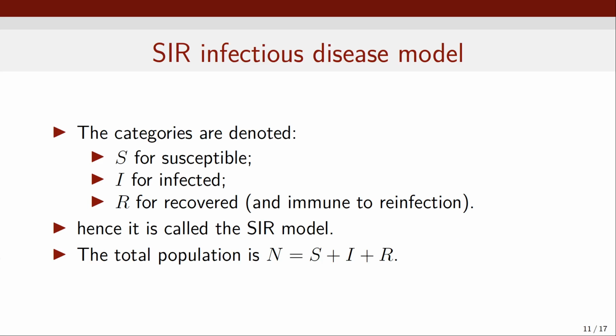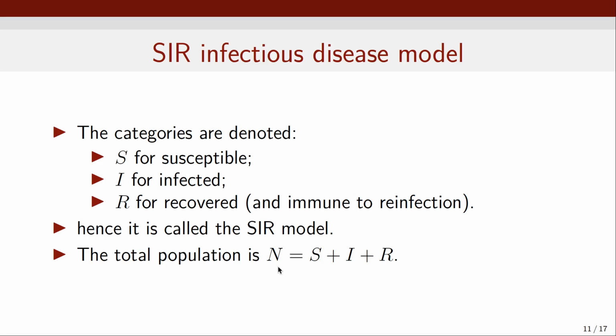Now, the SIR model involves three quantities, S, I, and R. S is for susceptible, I is for infected, and R is for recovered and presumably immune to reinfection.